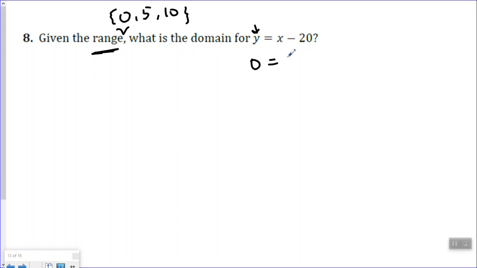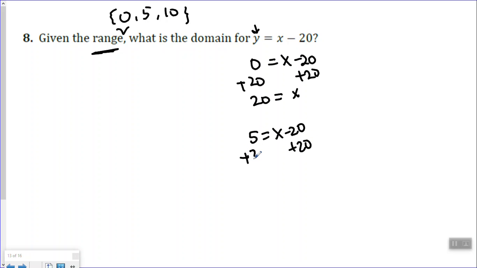So 0 equals x minus 20. Then you have to add 20 on each side, and x equals 0 plus 20, which is 20. Let's plug 5 into y. So 5 equals x minus 20. Add 20 on each side. x equals 25.